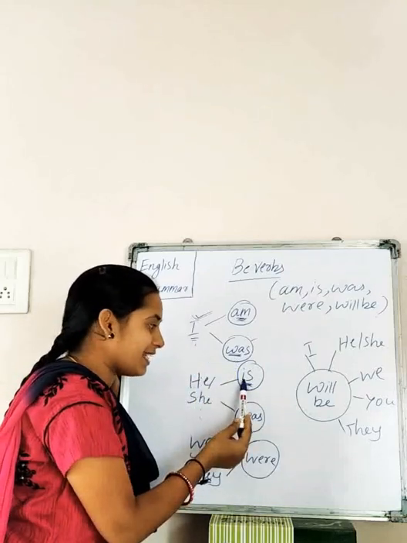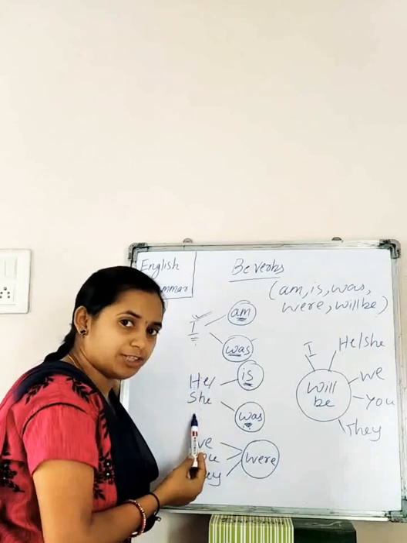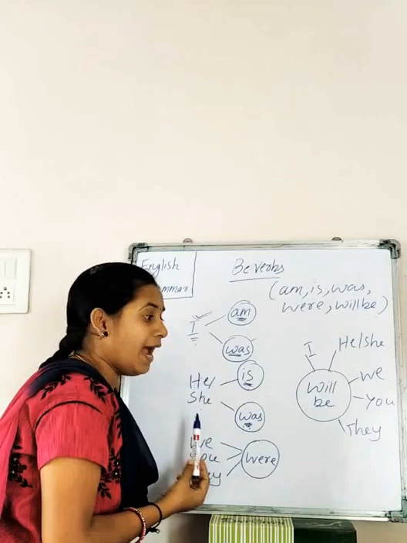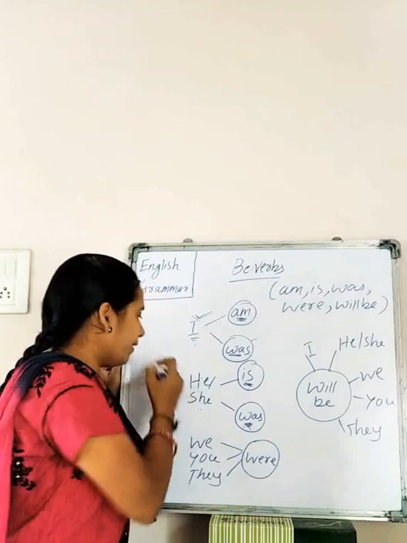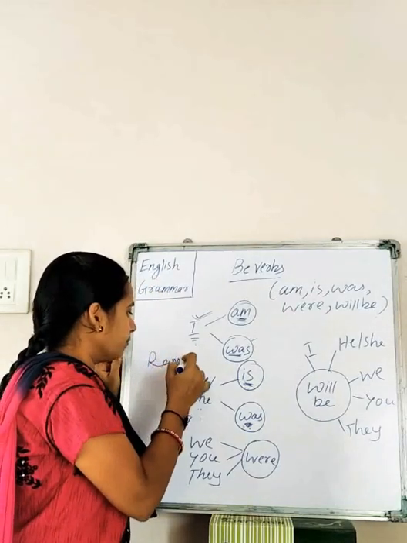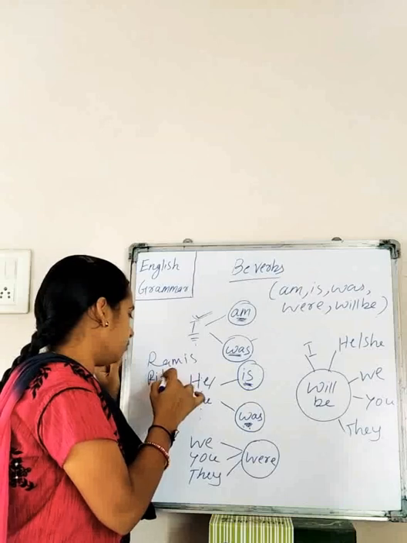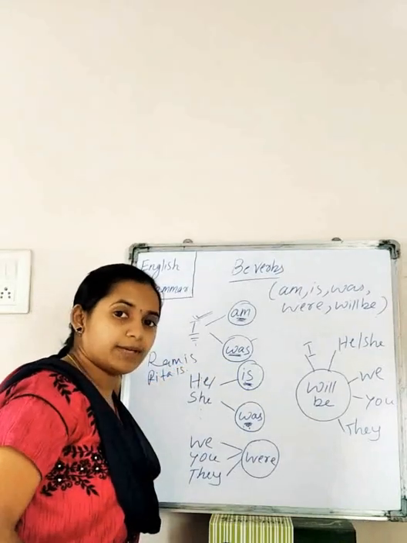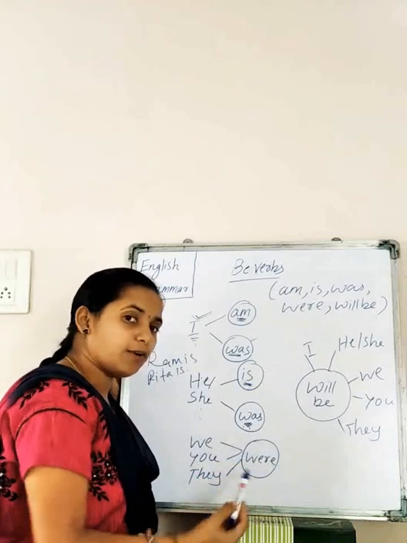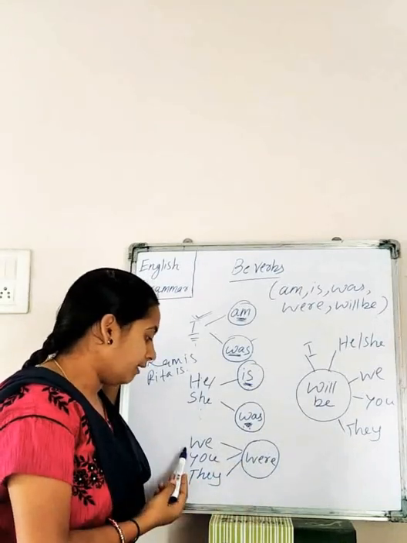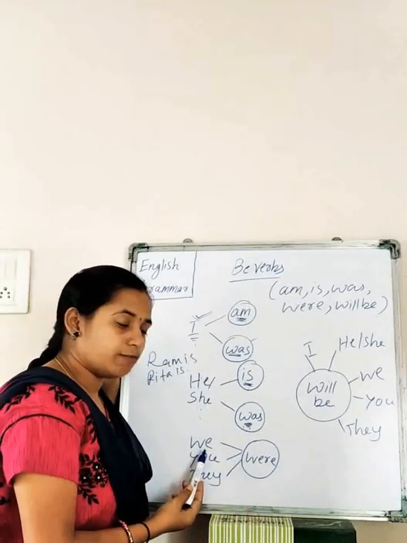Is can be used with he or she, and with any proper nouns also, like Ram is, Rita is. Next is were. When do we use were?